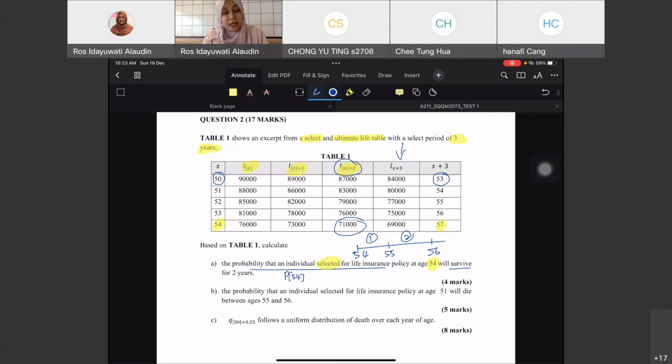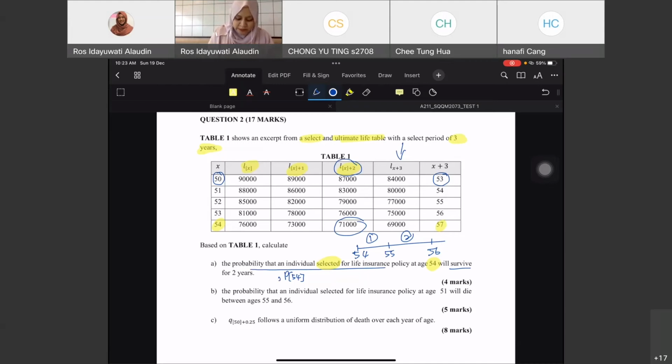You have to put the current age in the bracket first, and then you sum up. So P54, so T is equal to 2. This is the notation for the first one.